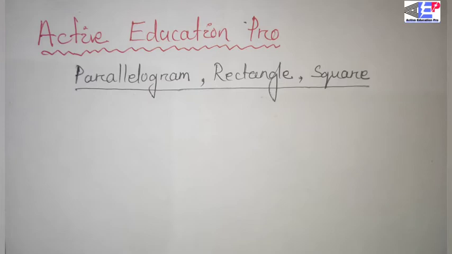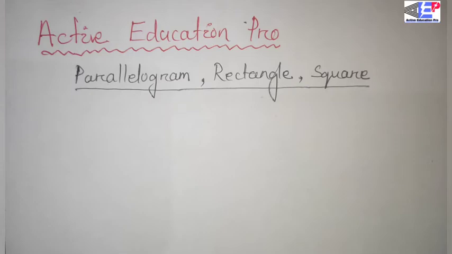One video for each quadrilateral. But in this video I am going to compare the similarities and differences between the three quadrilaterals. Why a rectangle cannot be a square, why a square cannot be a parallelogram, why a parallelogram cannot be a square, this type of comparison.